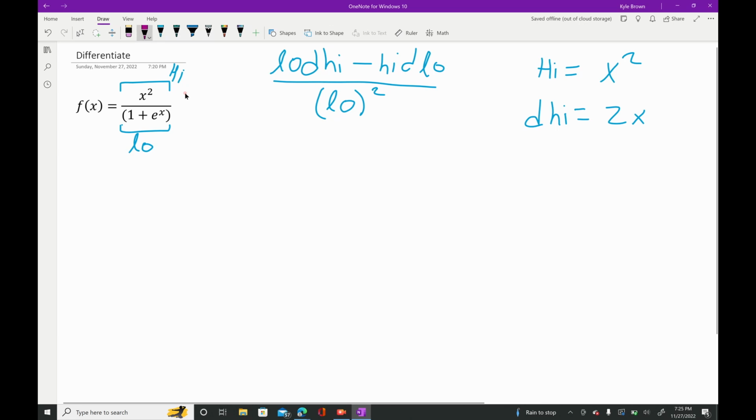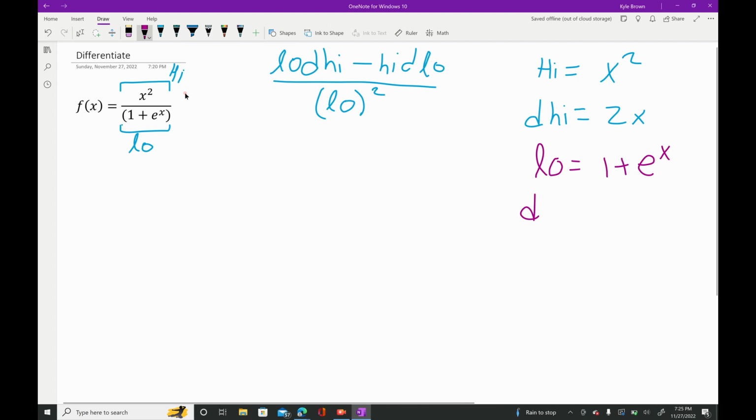The next thing I'm going to do is use our low, and that is 1 plus e to the x. And we actually don't even need parentheses, so that's my bad.